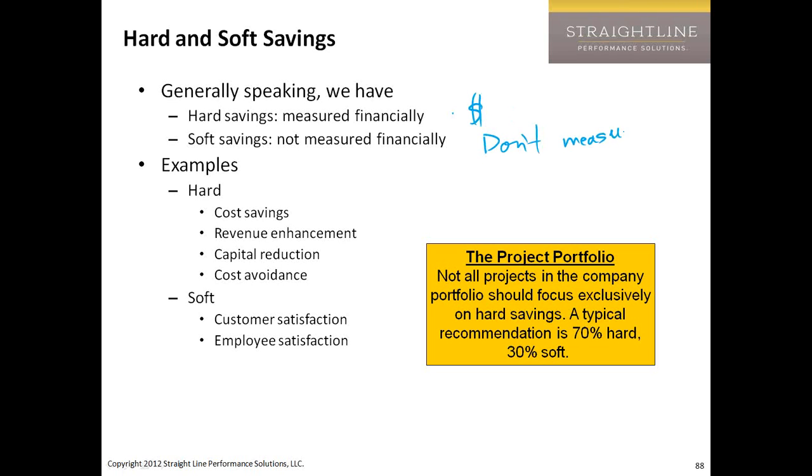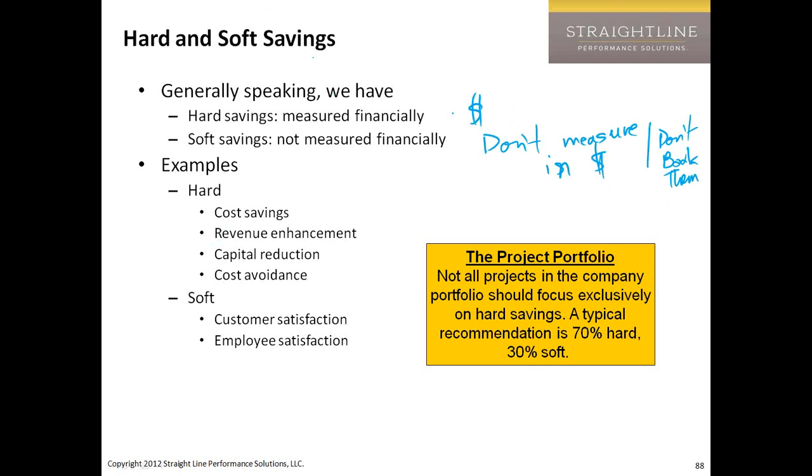Now there are some exceptions to this, and I'll show you one, I think. Or we measure them in dollars, but we don't book them, one way or another. Some examples of hard savings would be direct cost savings, anything that's there.